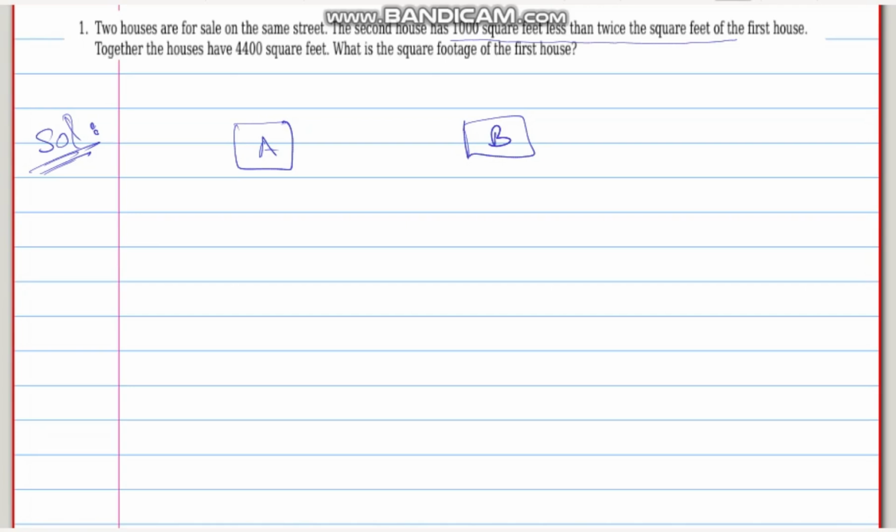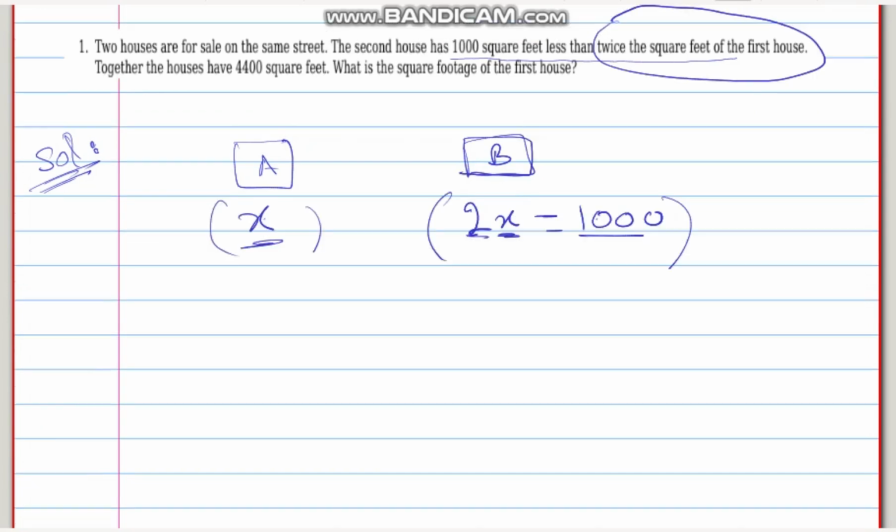The second house has 1,000 feet less than twice the square feet of the first house. Let the first house be x square feet, because we don't know the square feet.